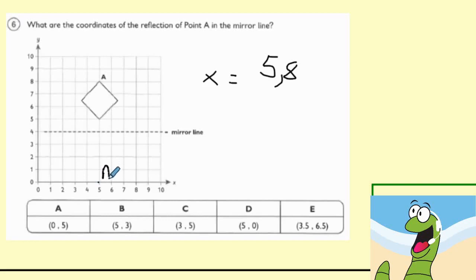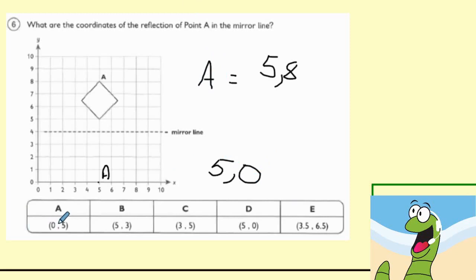That would be A. So that means that the reflection would be down here, so X hasn't changed, 5 and 0. Sorry, I just realized that what I've done here is I've written X and I should have written A. Okay, A is 5 and 0.